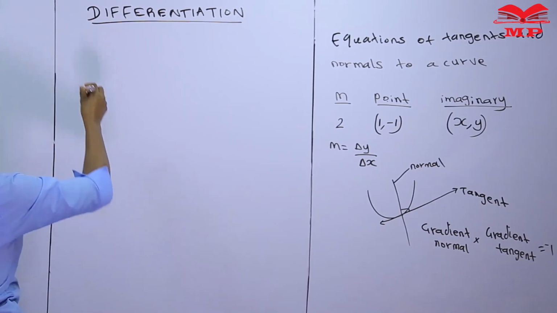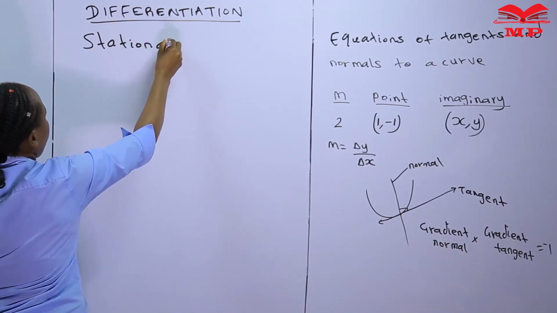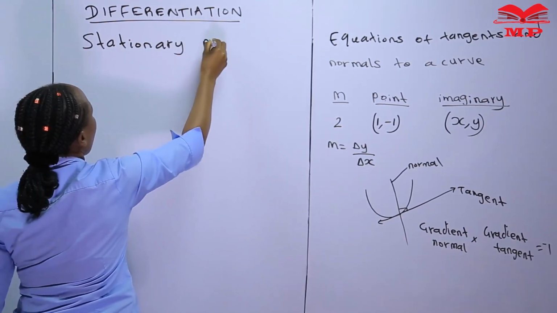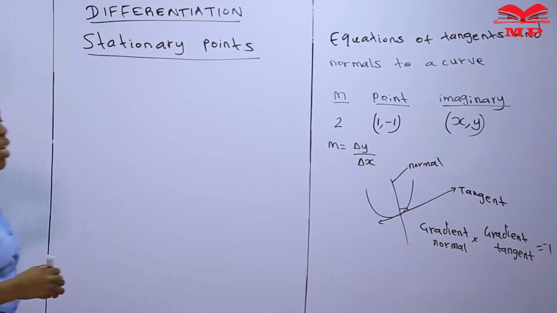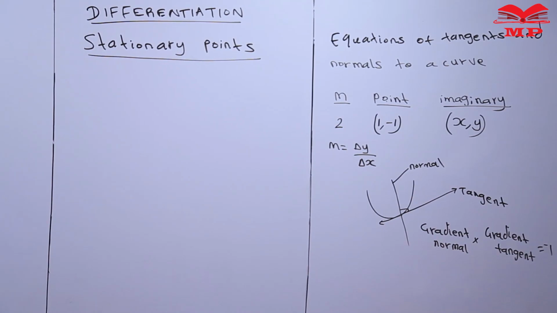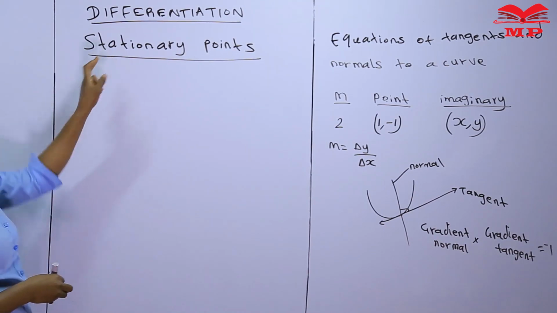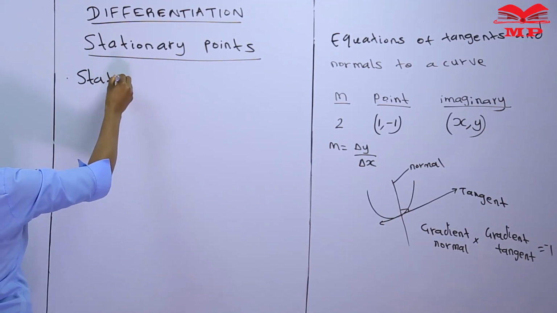So in this lesson I would like us to look at stationary points. That is our subtopic, stationary point, or the stationary points if it is more than one. When we talk of a stationary point, I'll start by defining what a stationary point is.